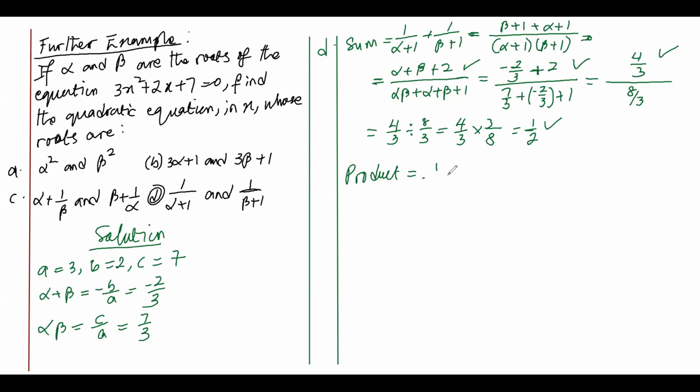Product will be 1 over alpha plus 1 times beta plus 1. I think the product is easier than the sum. You don't have to use brackets. This already is a group, it groups them together. So it's going to be 1 divided by alpha plus 1 times beta plus 1.